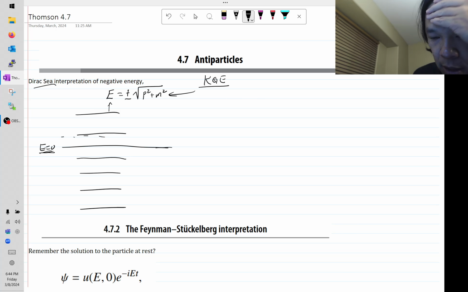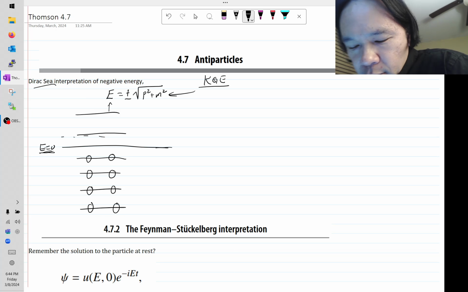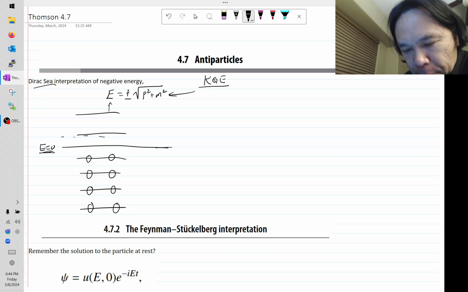But the Dirac sea interpretation is to think about these as already occupied states. Let's say you just have a bunch of electrons, and this works with fermions mostly, or spin 1/2 particles, and it doesn't actually work with bosons.